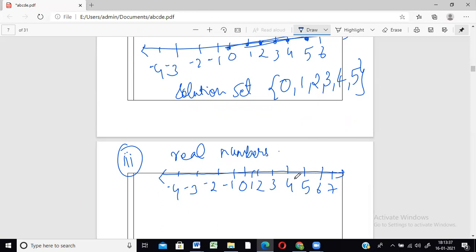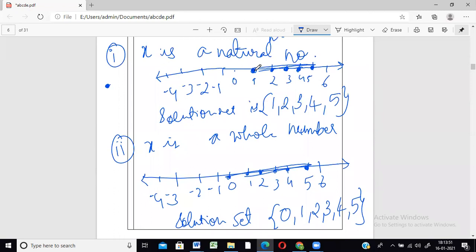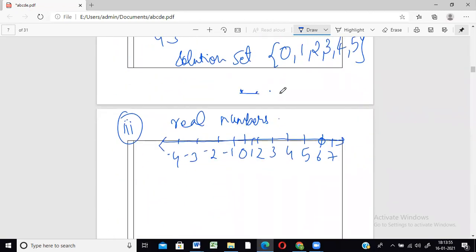So they're telling you it is less than 6, correct? Less than 6 means the limit is only 6. But can you manually represent that area like how you did it in the previous sums? Here it was 1 to 5, here it was 0 to 5, here it was 1 to 5. So we could easily represent these manually using dots and then put a mark on that. That is how you represent it. But here you can't do it manually. See, from here I have written up to -4.